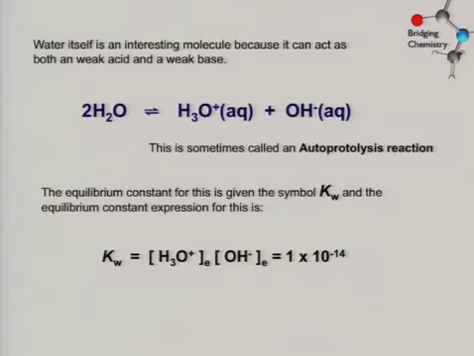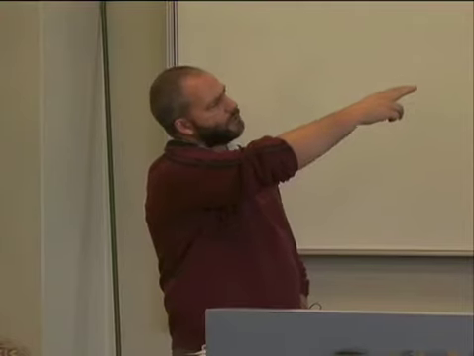But this equilibrium is an important one because it's always kind of going on in the background whenever you've got a solution of an acid or a base, right? Most of the time it's not important. Because, see, these numbers imply that these concentrations of H3O+ and OH- that you have from this reaction are very, very small.